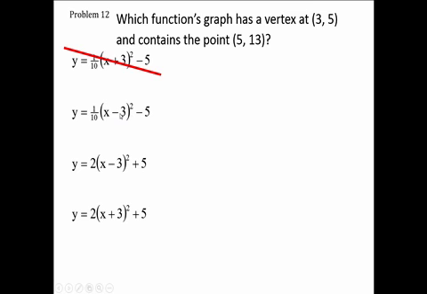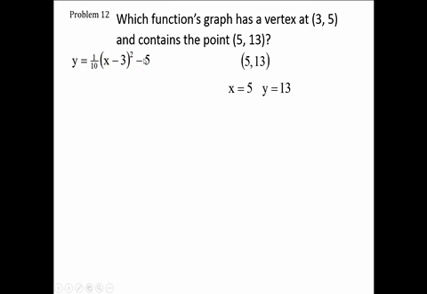But I tell you what, just for the fun of it, let's see how the point (5, 13) works for this. Does this point even lie on this equation? Take your second one, where you have x minus 3 and minus 5, and plug in 13 here. Put in 5. 5 minus 3 is what?